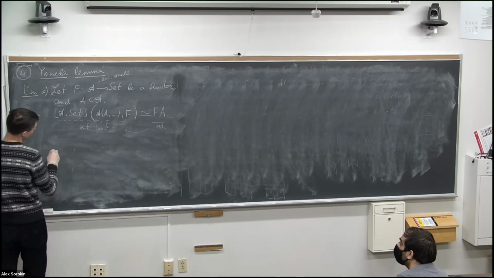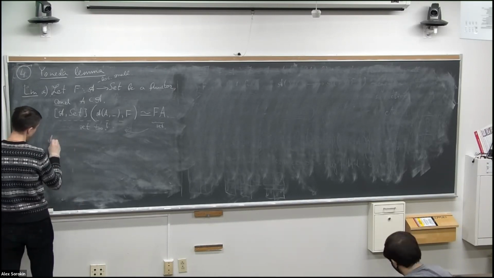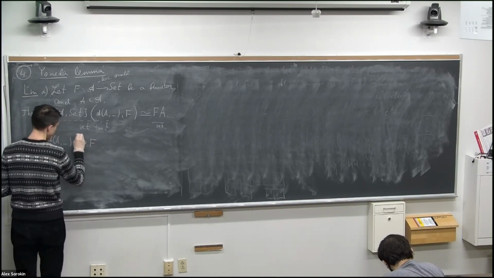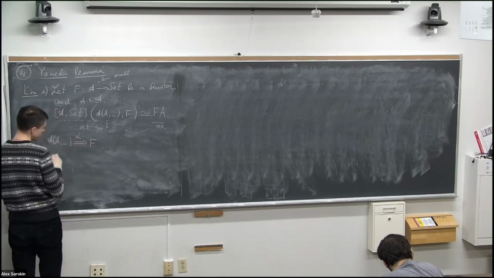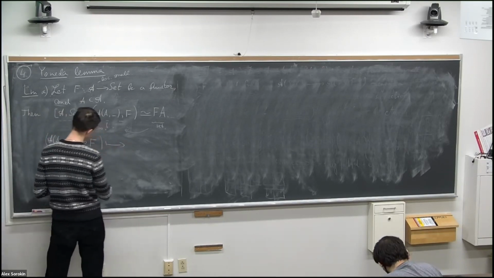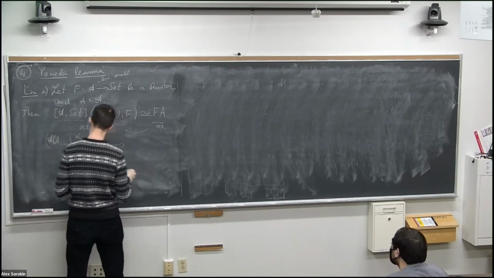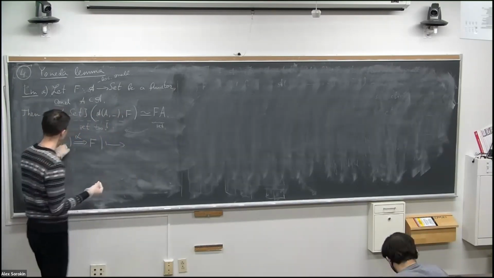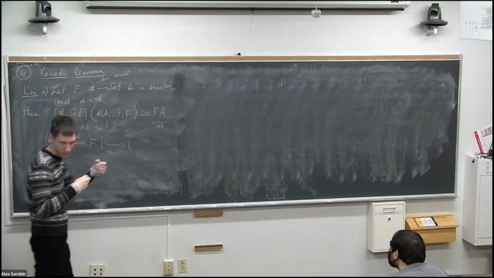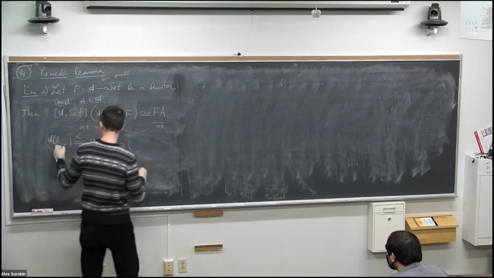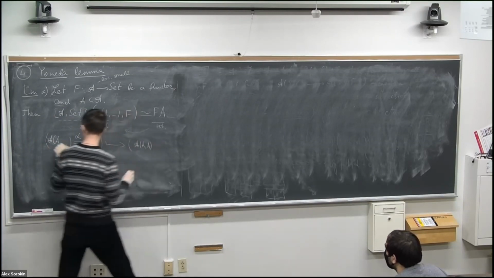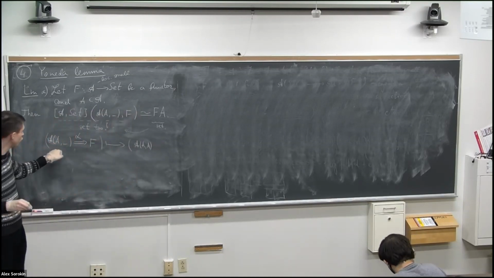How does it work? Suppose you have a natural transformation alpha from the representable functor to F. Then what do we do with it? I'm not skipping any steps, I'm just giving it step by step. We evaluate its component at your given object A. You don't know anything about your category.